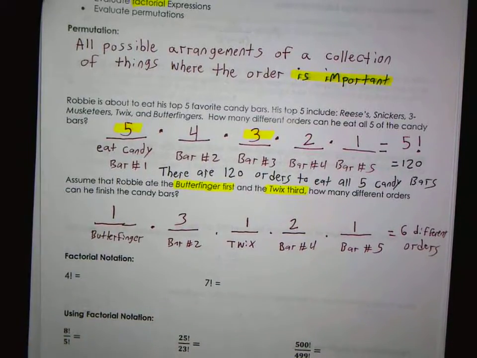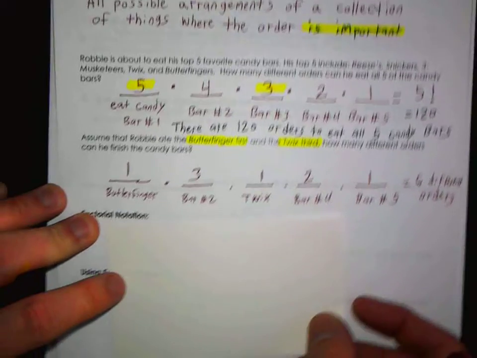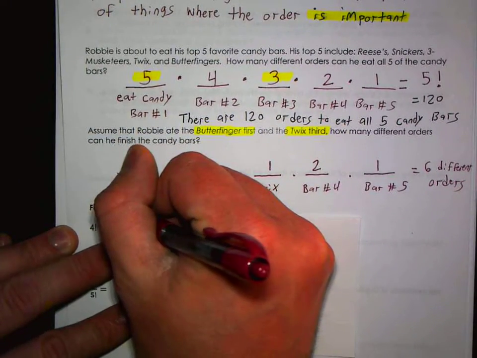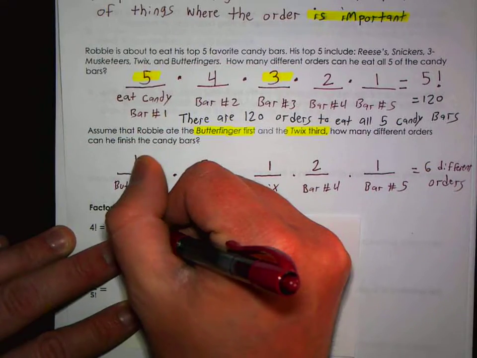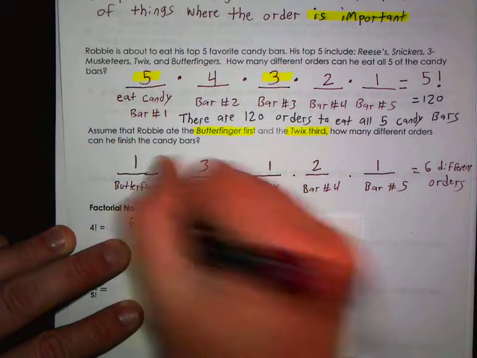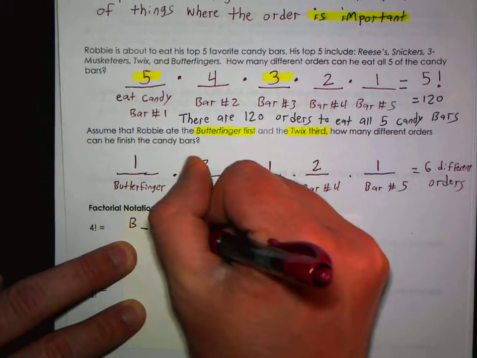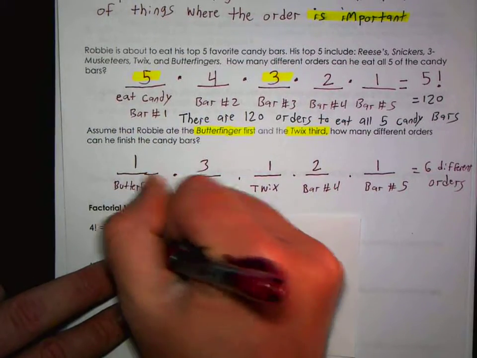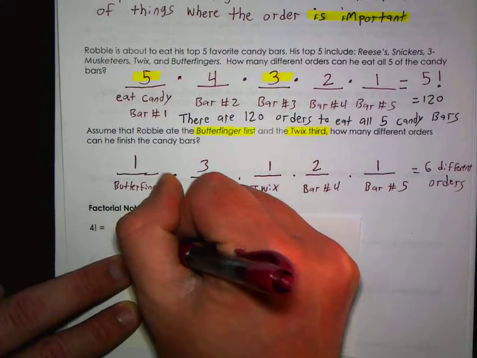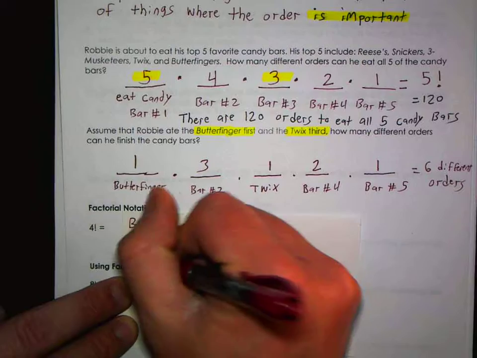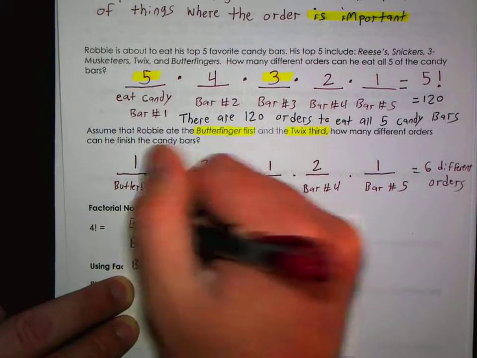Let's try listing out all 6 different orders. So we know the Butterfinger came first, right? And we know the Twix came third. And there were 5 of them. And there were 6 of them, right? 1, 2, 3, 4, 5.